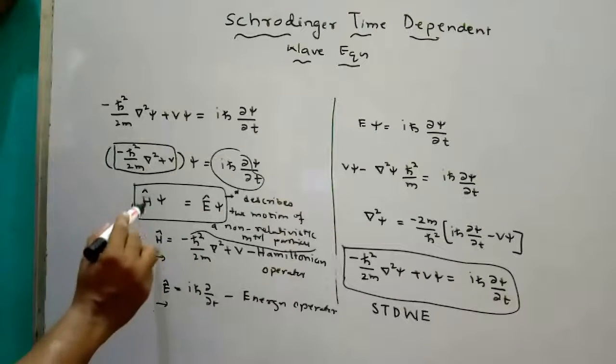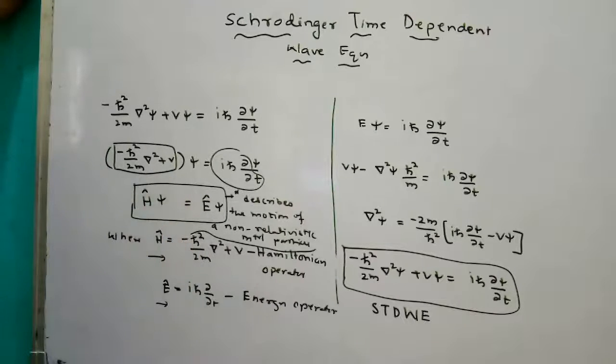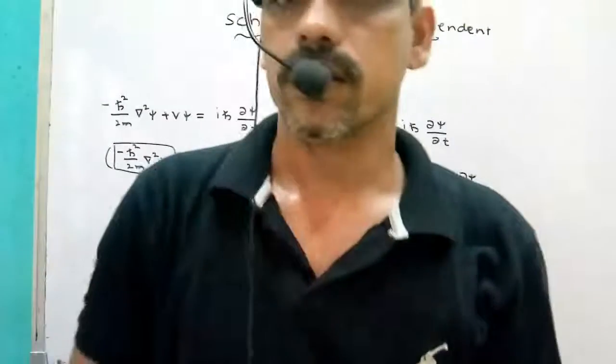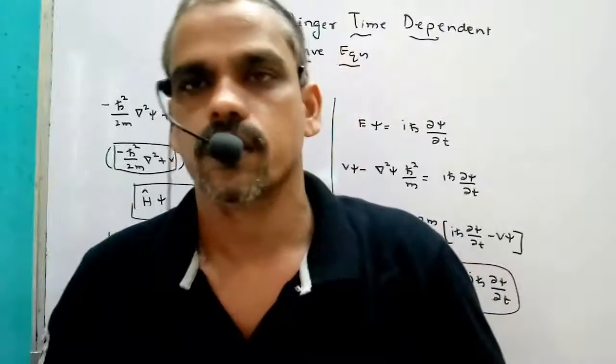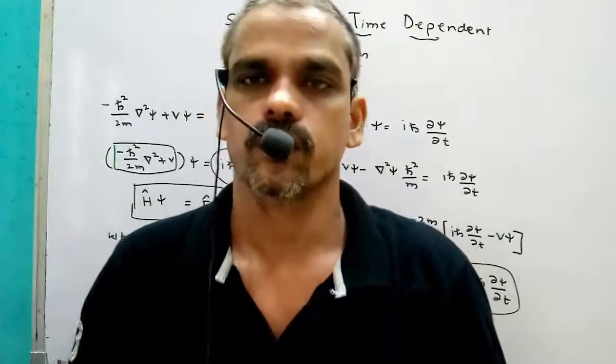The equation is H psi equal to E psi. This is about the Schrodinger time dependent wave equation. So thank you. Up to now I discussed the Schrodinger time dependent wave equation.